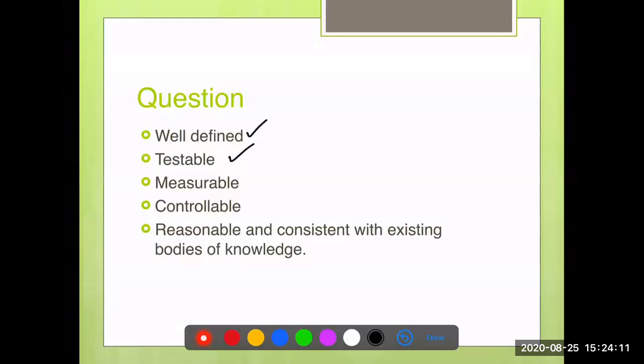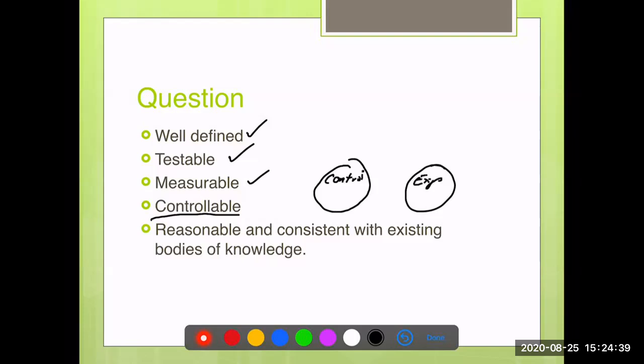Questions should also be testable. It does us no good to ask a question if we cannot ever get to the part where we actually test it. And if we can't test it, then there has to be something that we can measure, something that we can record. Your question should also be controllable. Here's what that means. In every experiment, there should be some sort of control, and there should be an experimental group.